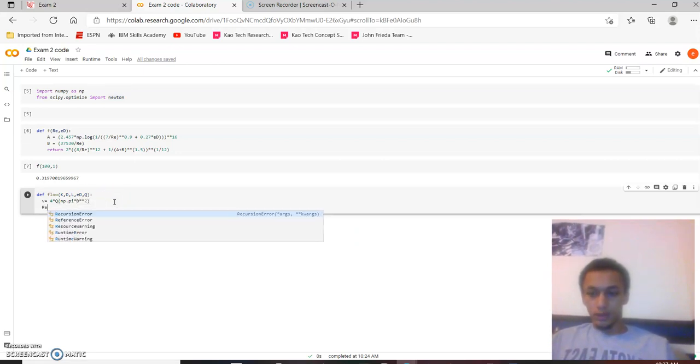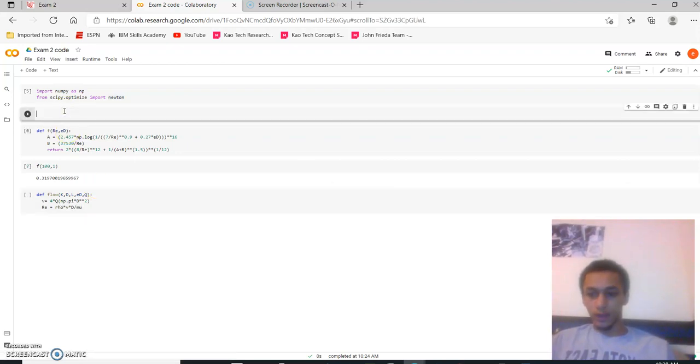And the Reynolds number is equal to rho times V times D divided by mu. And now we need to give some variable names here.